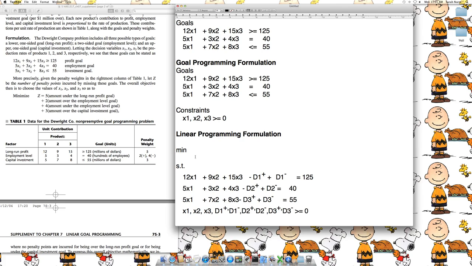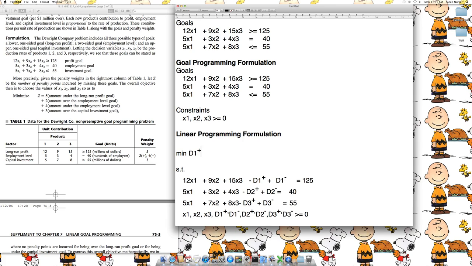So with that, I'm going to take these deviations and I want to minimize essentially the penalized, so P1 D1 plus deviation plus all the others. So P1, this is going to be minus D1 minus.